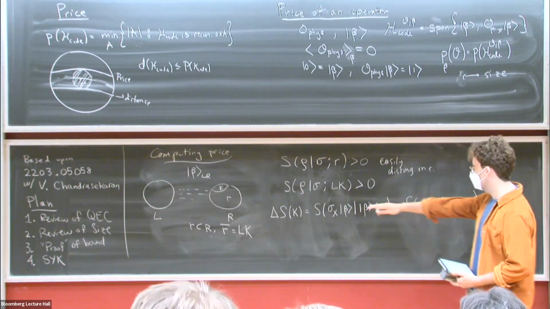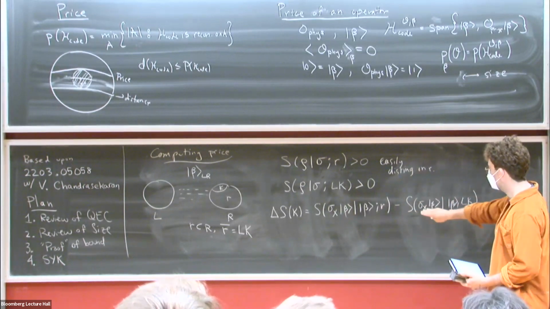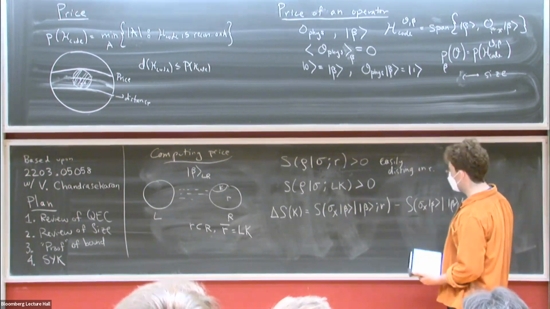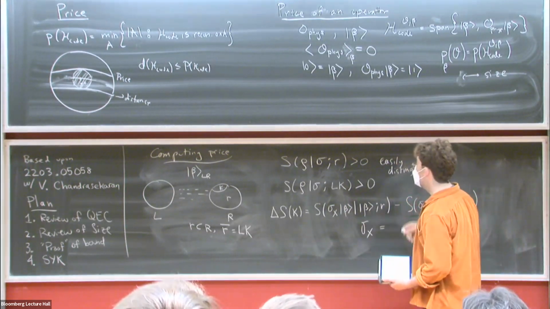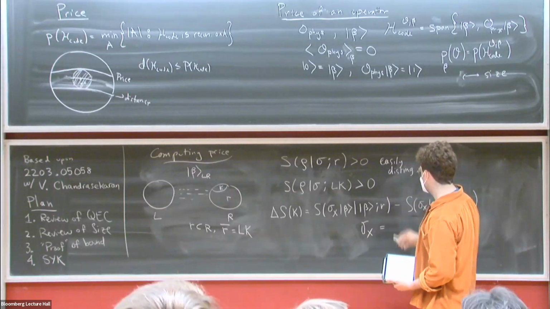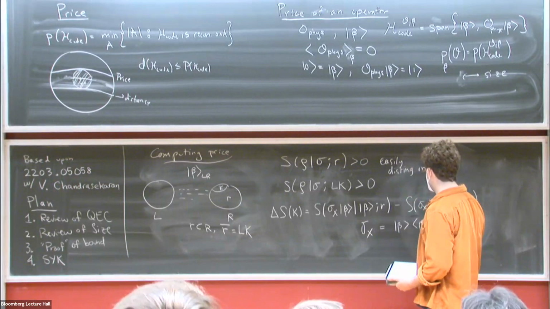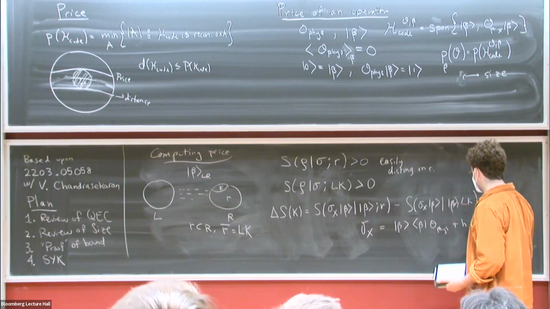When this quantity goes negative is when the second is greater than the first. And so it means that the action of this sigma x operator can be reconstructed on LK versus on little r. Sigma x here is just the Pauli bit flip on our code subspace that I defined up here. So it's just beta, beta, O phys plus the Hermitian conjugate.